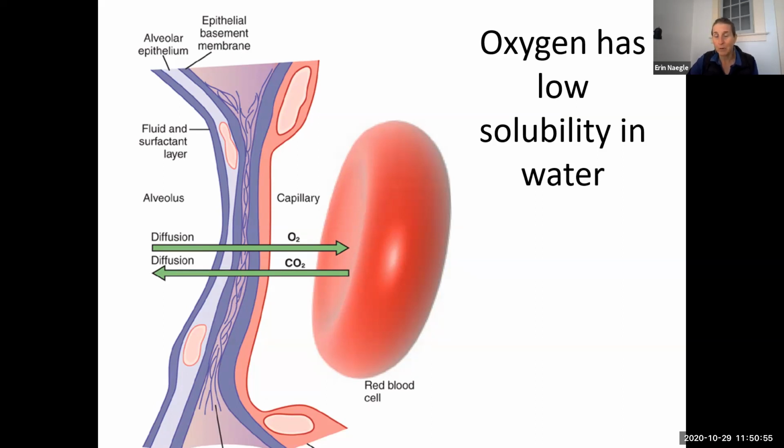Without that hemoglobin, without those red blood cells, even if your lungs are working great and have all the surface area that they should have, the oxygen just wouldn't diffuse fast enough into that water and we'd still suffocate. So you need those red blood cells.